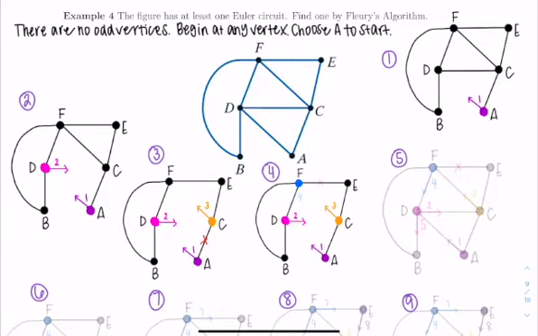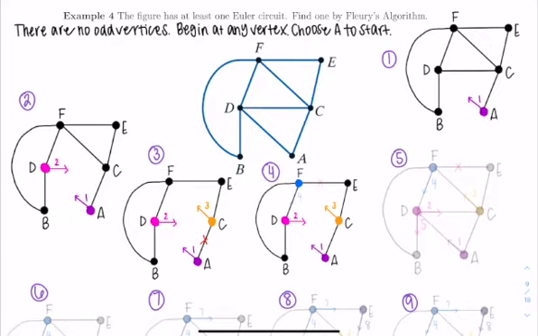Now that we're sitting at F, we have three options. We could move to D, we could move to B, or we could move to E. If I move to E, the only place that I could go is C, and C goes to A, which means I have not hit the other edges on the left side of the graph.